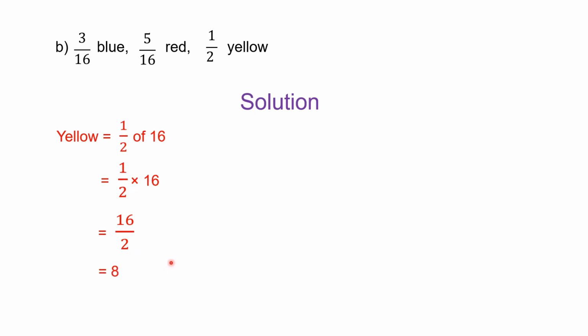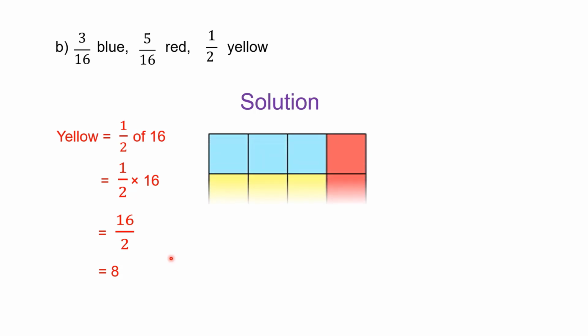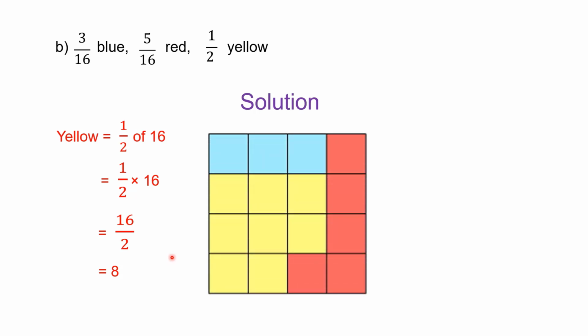Number of squares in yellow is 8. Now let us draw the figure with the 16 squares, 4 columns and 4 rows. Now let us color 3 squares in blue, 5 squares in red, 8 squares in yellow.